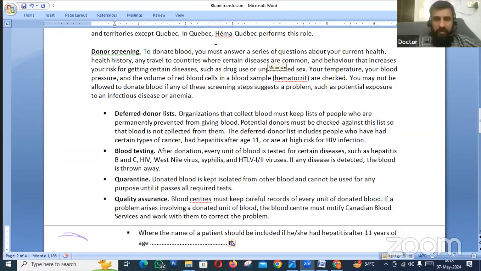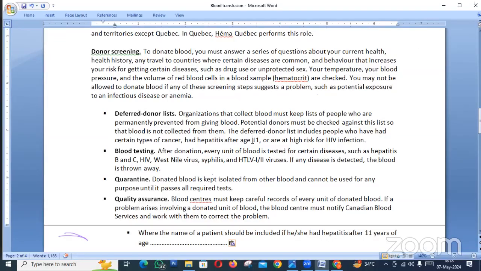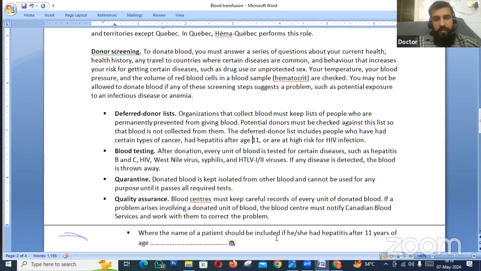Someone has given an incomplete answer. Please give the complete answer. Shahnil Khan, please give the complete answer. Your answer is incomplete. So, where should the name of a patient be included if he or she had hepatitis after 11 years of age?